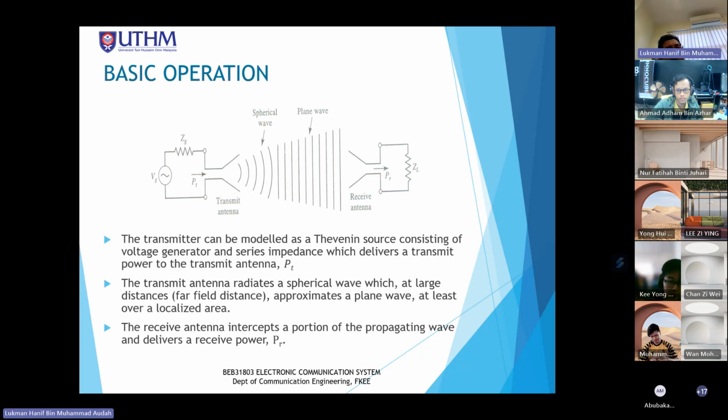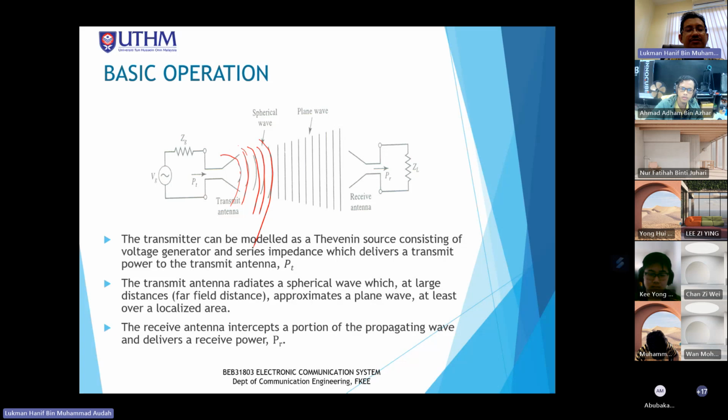So the basic operation of the antenna: you see that the antenna radiates the wave in a spherical pattern. Theoretically, we can see that the antenna radiates the wave in a spherical form.